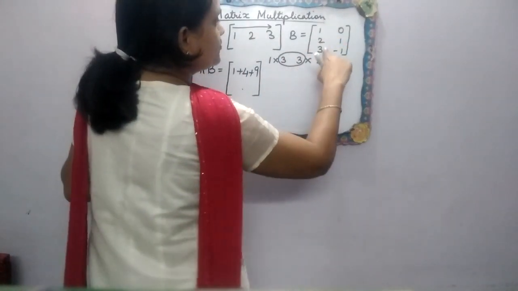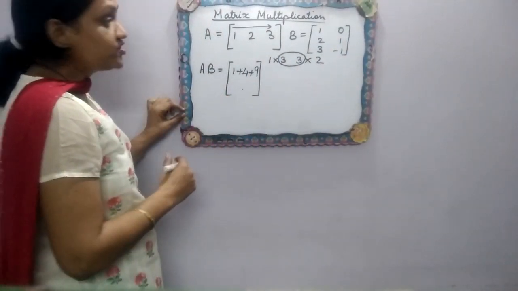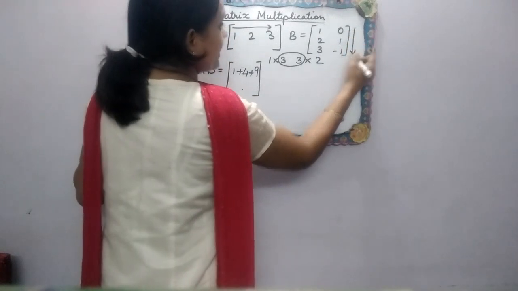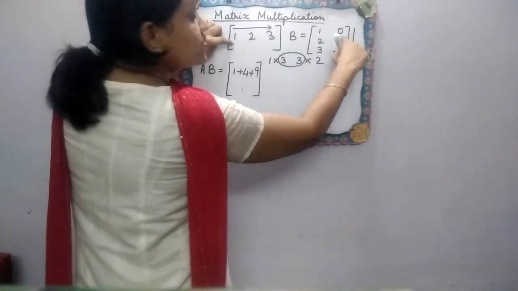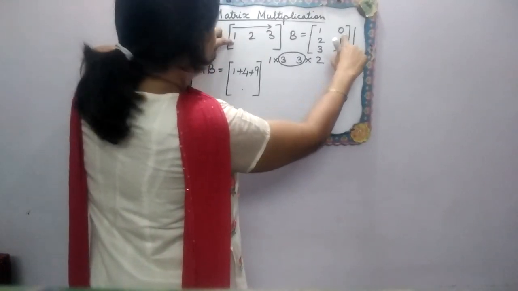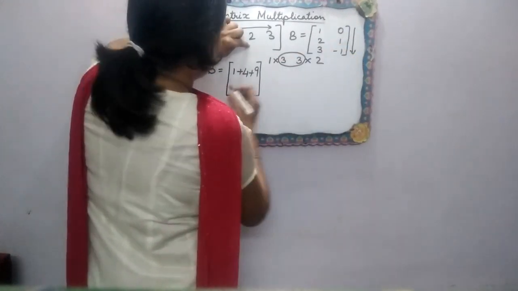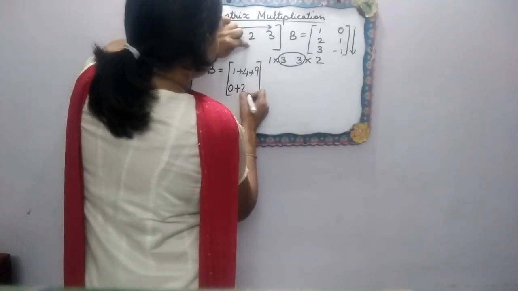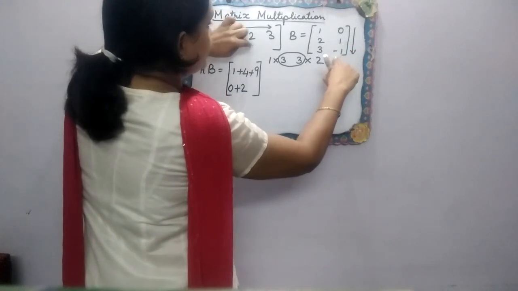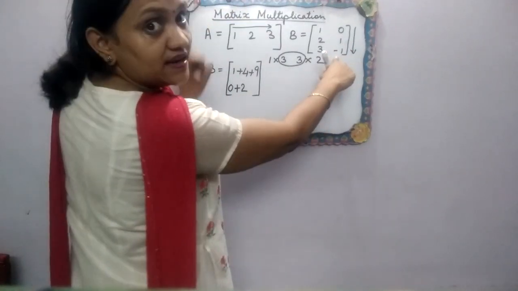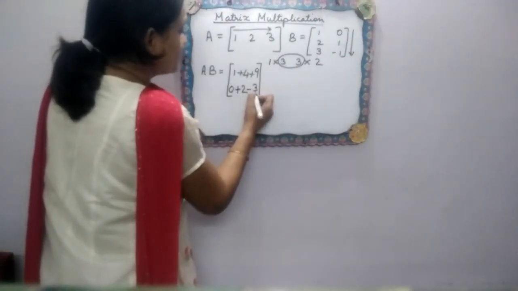Now first row, first column over. So we have to take first row and second column. 1 into 0 gives us 0, 2 into 1 gives us 2 and 3 into minus 1 gives us minus 3.